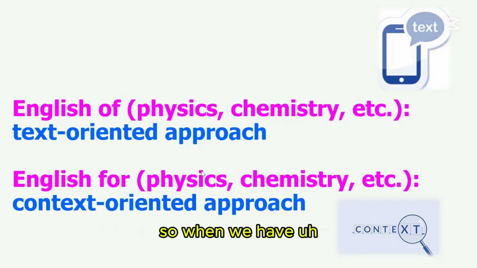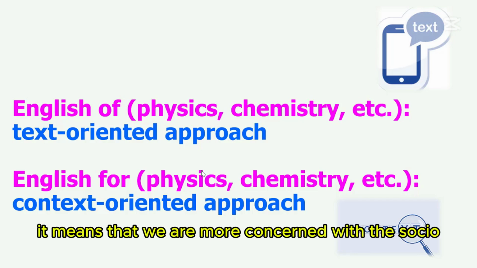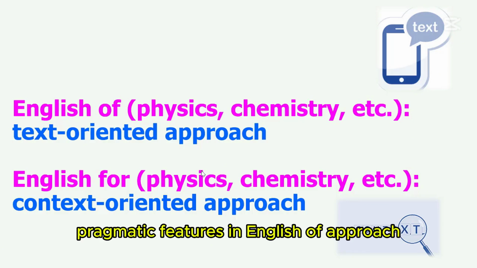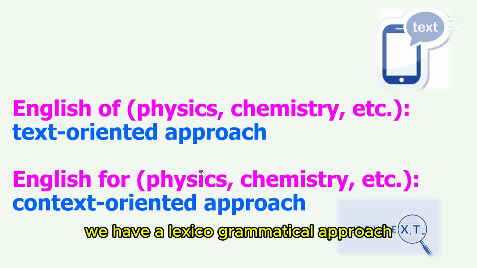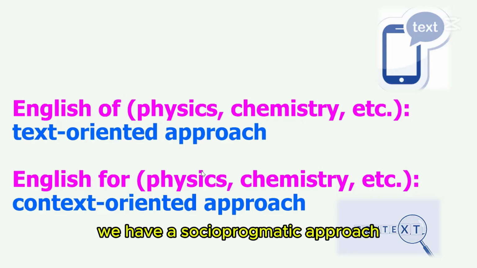So when we have English for a particular field of study, it means that we are more concerned with the socio-pragmatic features. In the English of approach, we have a lexicogrammatical approach, but in English for a particular group of students, we have a socio-pragmatic approach.